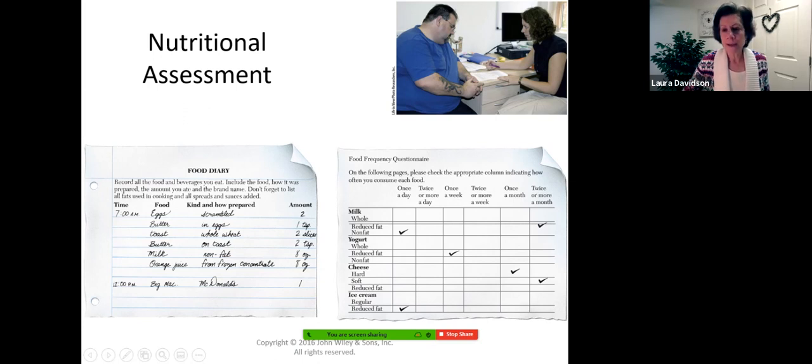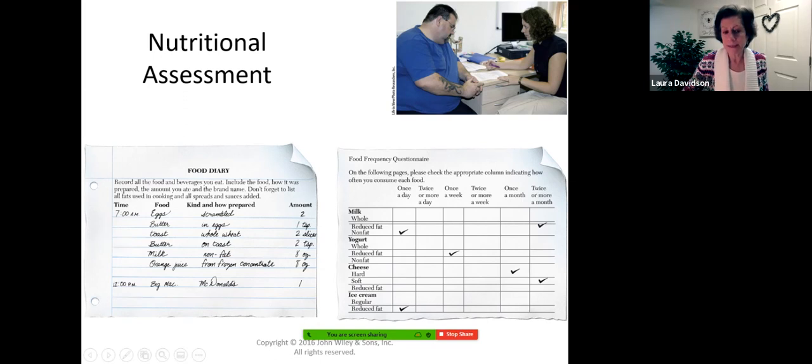So I was a clinical dietitian for years before I started college teaching. And I love this part of the job. I love the assessment. The assessment is gathering the data so you can figure out what's going on, and then move to the next step, which is making a plan for the client.